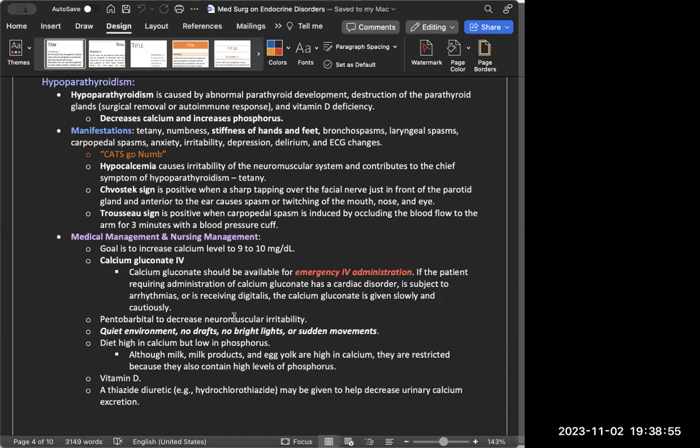And chocolate has phosphorus. And for calcium, we want them to increase calcium supplements. So we might be careful, maybe not so much with milk, but we might do other things like cheese and, what are the other products, calcium supplements. But it just depends on the provider's orders. But regardless, the goal is to increase calcium and decrease phosphorus. And you could decrease phosphorus simply by increasing the calcium levels, because then the body's just going to sort it out.